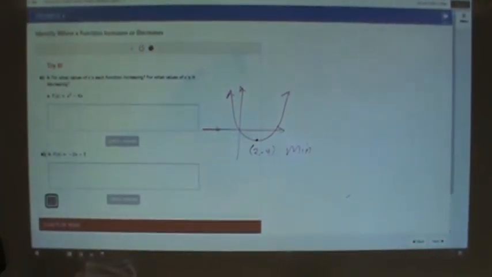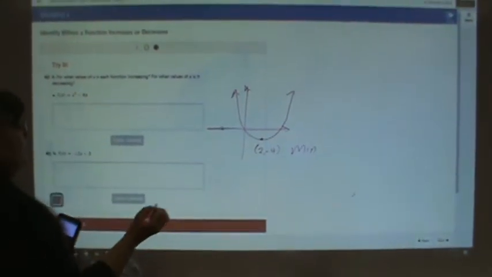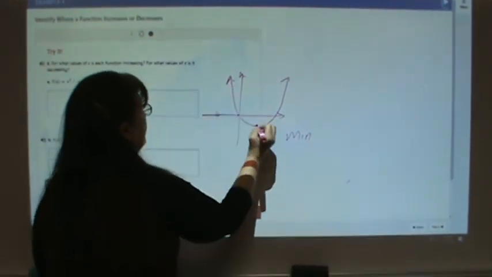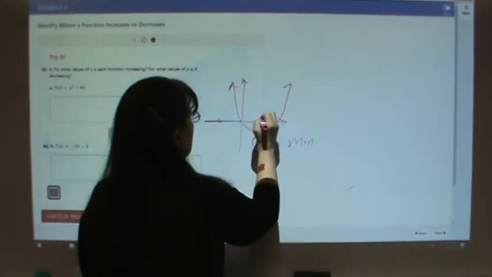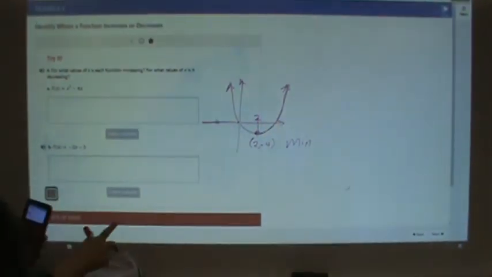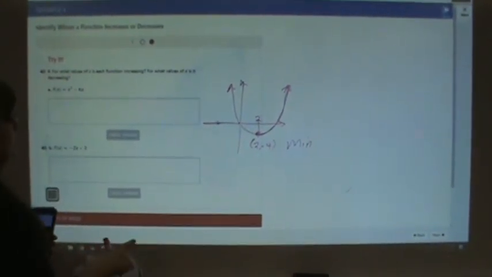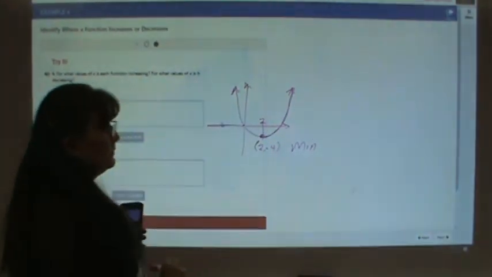All right? So it says, for what values of x is it increasing? Well, it's increasing from 2 to infinity, and it's decreasing from negative infinity to 2.